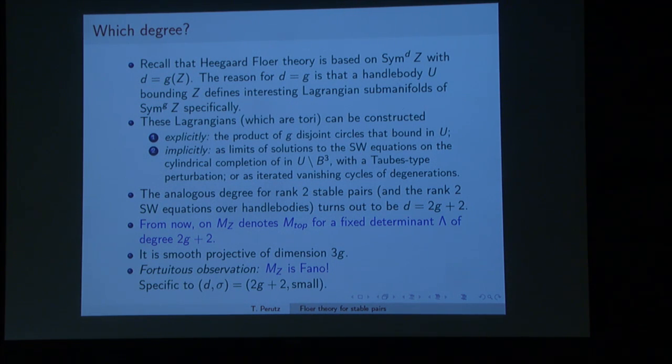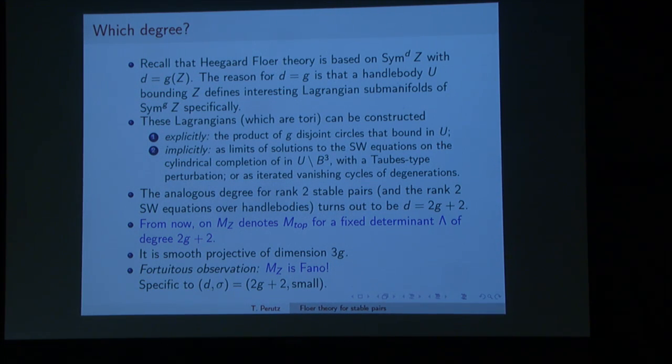And the reason for taking d equal to g is that in that case, if you have a handlebody bounding your Riemann surface, so this is now sort of solid, then that handlebody defines interesting Lagrangian submanifolds of Sym g specifically. So these Lagrangians are tori.